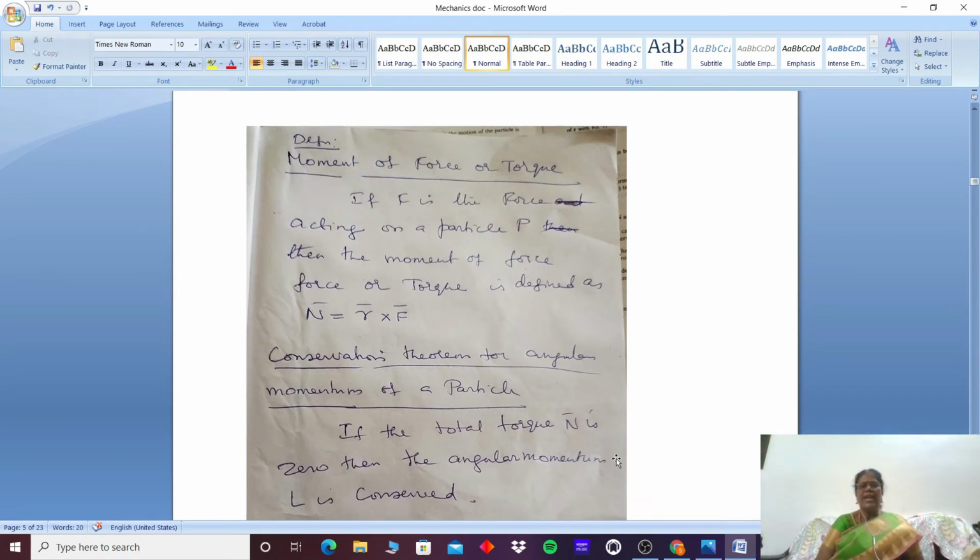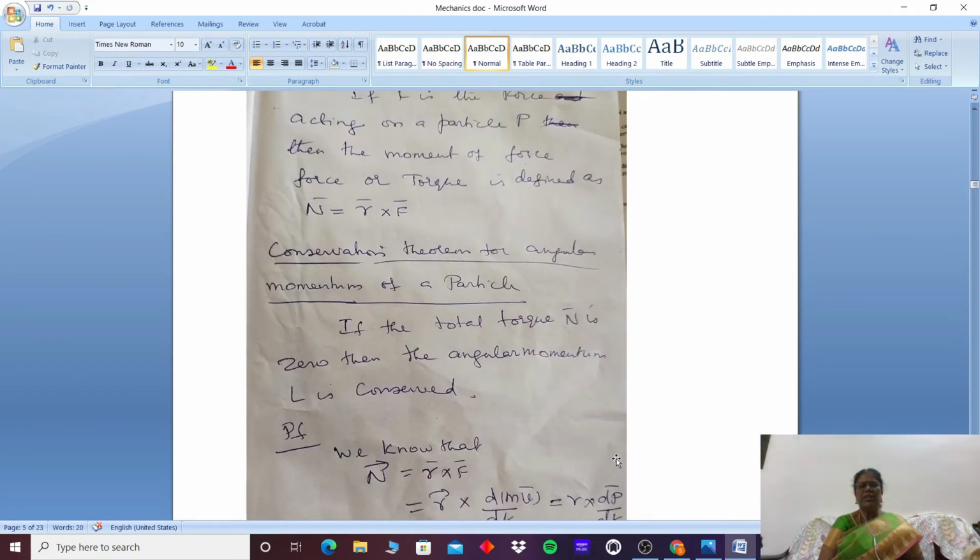If F is a force acting on a particle P, then the moment of force or the torque is defined as N is equal to r cross F. That is the cross product of the position vector and the force that is given by N, which is the moment of force or the torque.